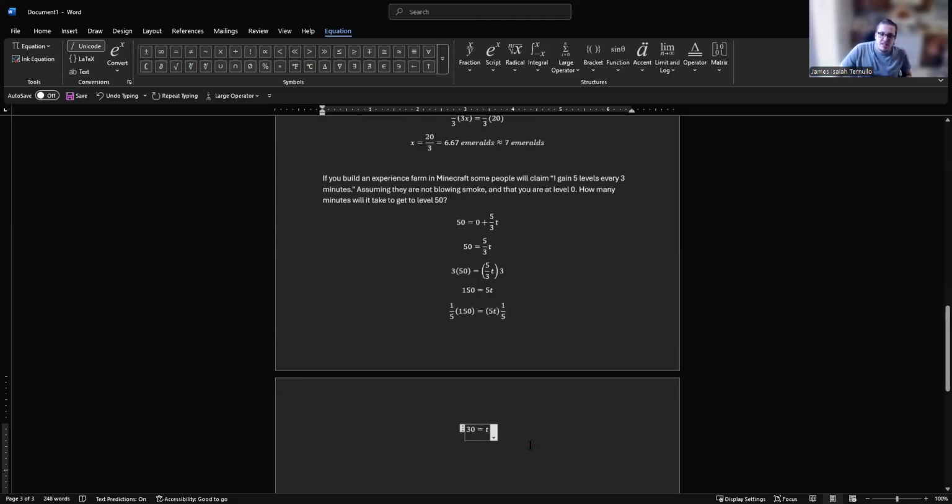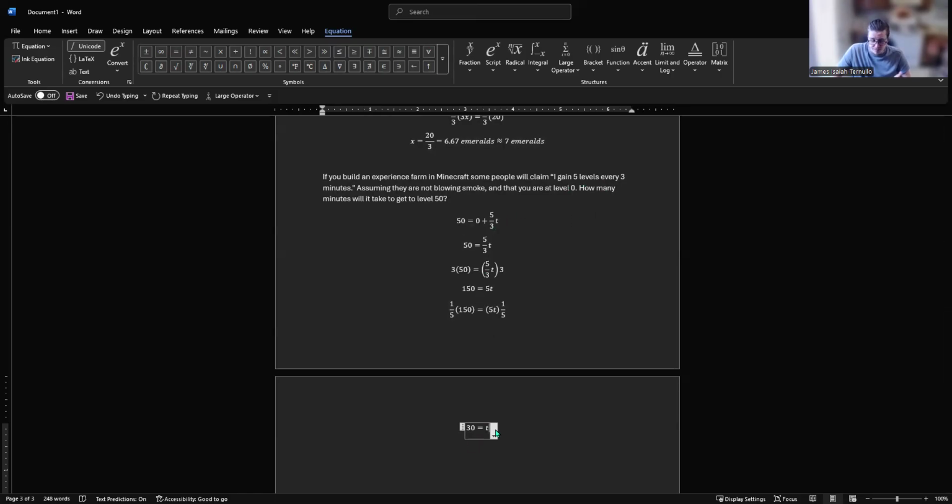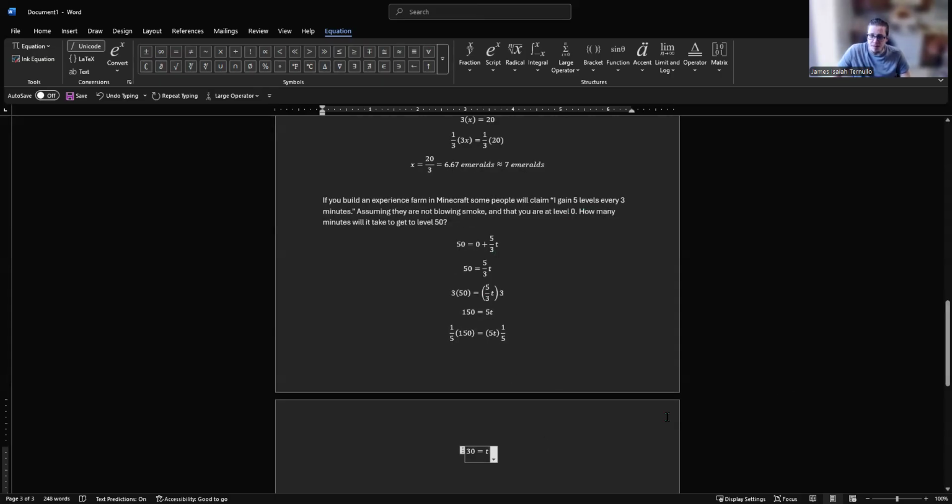It's going to take us 30 minutes to gain 50 levels. So this person that claimed their experience farm gets them 5 levels every 3 minutes, it'll take you 30 minutes to get to level 50, so you can get some major enchanting done.